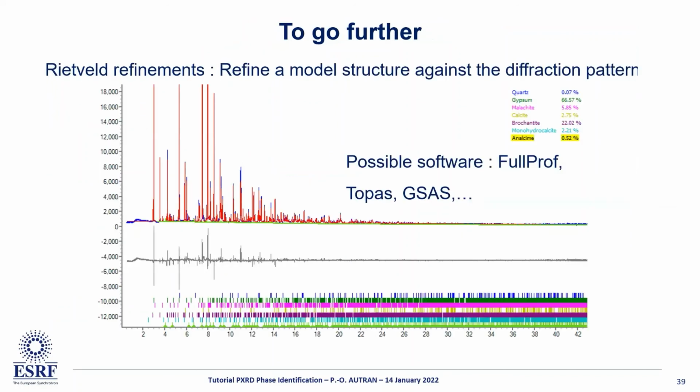Okay. So after this, the next step for you is probably going to be to refine the structural model for the diffraction pattern. I'm not talking about it, but this is the step that everyone goes through then, which is to use Fullprof or GSAS to do a real refinement to get the values of the percentage of each phase, the quantification of each phase.